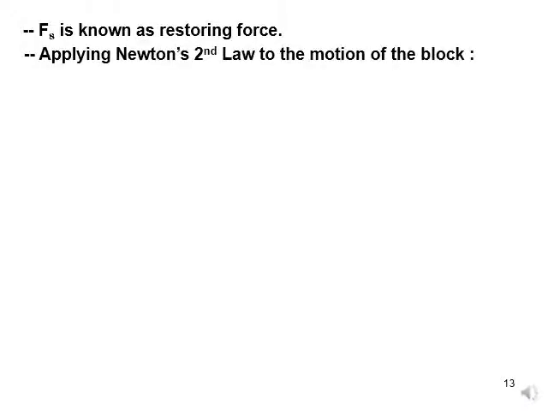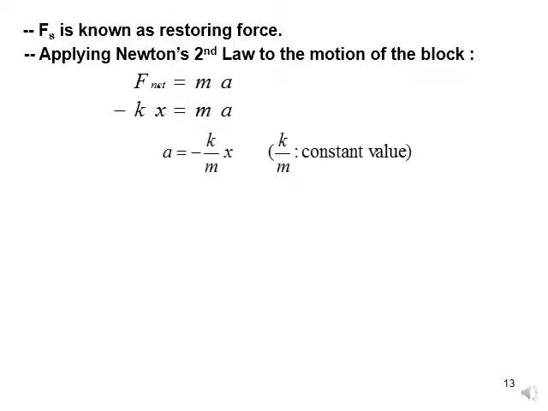By combining Hooke's law and Newton's law, negative kx is equal to ma. Rewriting the equation in terms of acceleration, a is equal to negative kx over m. k over m is a constant value, where k over m represents omega squared.